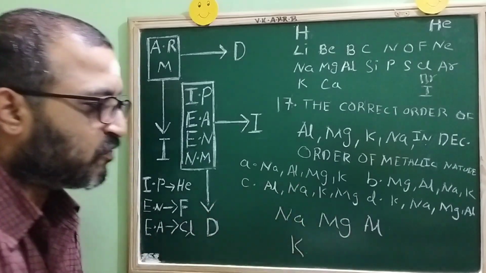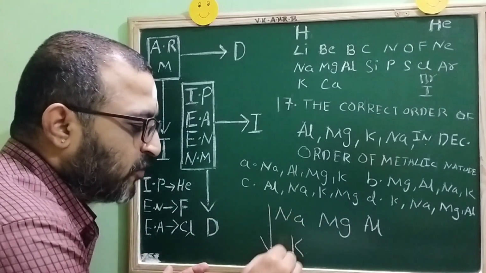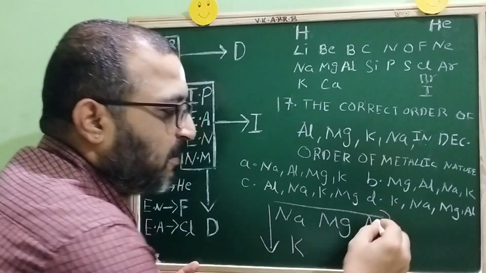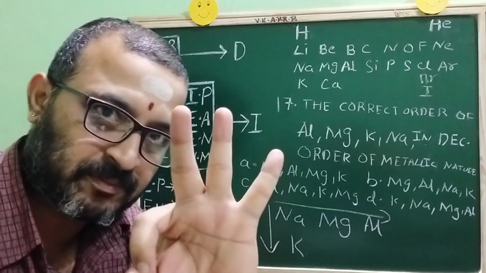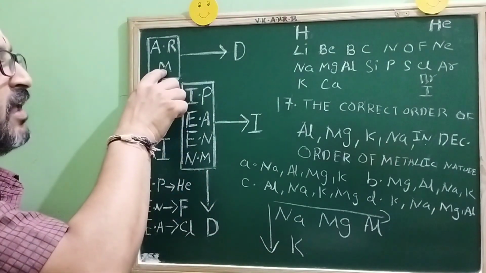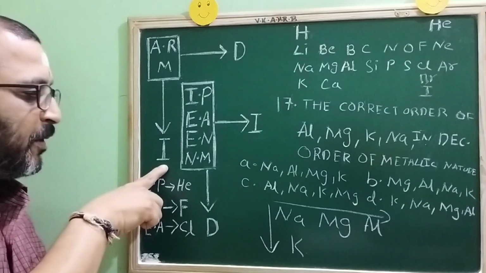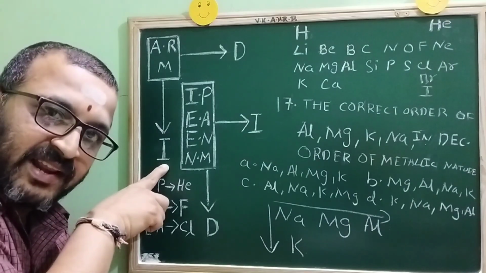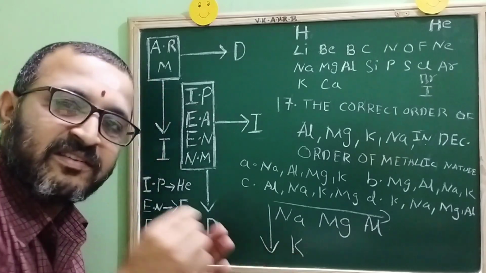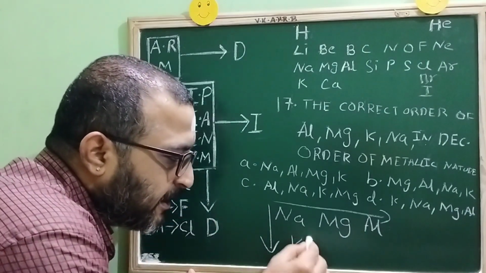Children, when you observe this very carefully, these two belong to which group? 1. And these 3 belong to which period? Right. Now common sense says that metallic nature, when you go down the group, is going to what, children? Increase. That is, out of sodium and potassium, which has a greater metallic nature?